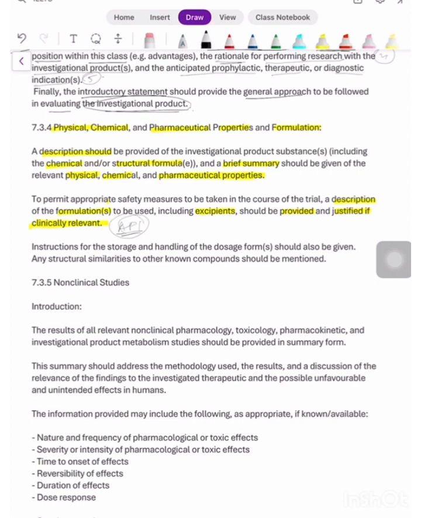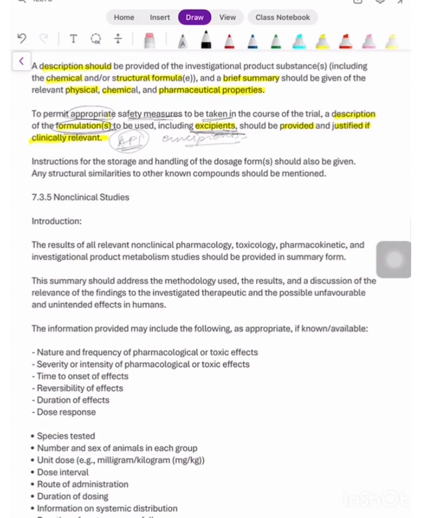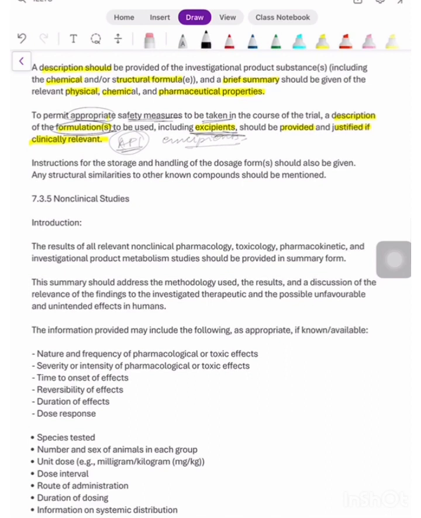The excipients used, it can be the colorant, the taste masker, the binder or any kind of additive, could also cause safety concerns. Some might be allergic to certain excipients. So they ask for the formulation details as well, which includes excipients, and it should be justified clinically. It's not mandatory, but if it's clinically relevant, then what is used should also be justified. Instructions for the storage and handling of the dosage form should also be given. Any structural similarities to other known compounds should be mentioned.